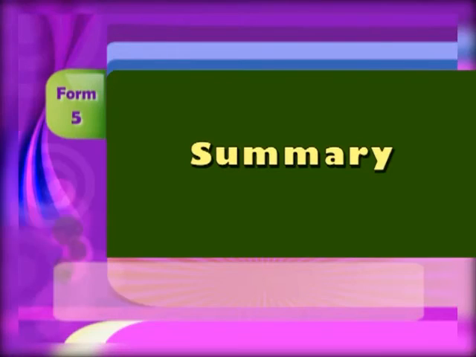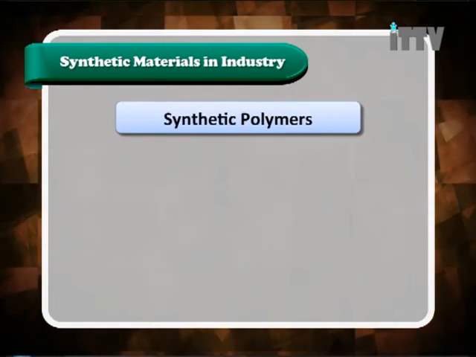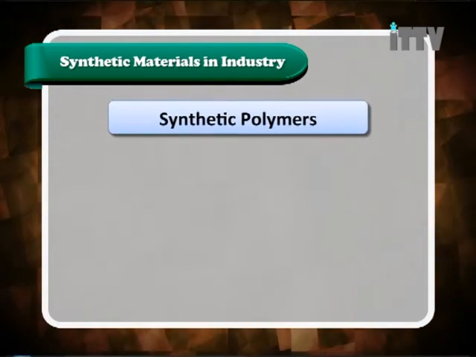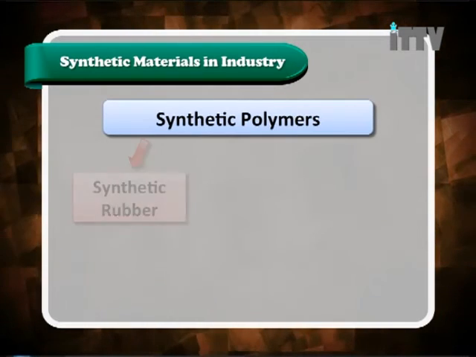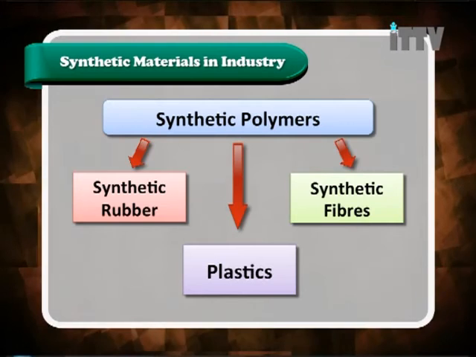Let's summarize what we have learned today. We have learned that synthetic polymer can be classified into 3 groups: synthetic rubber, plastics, and synthetic fiber.